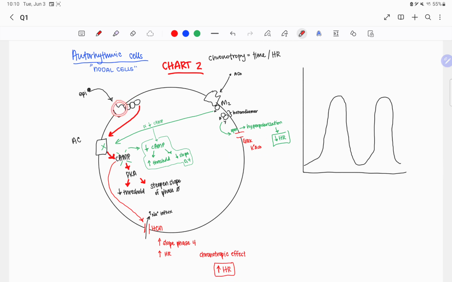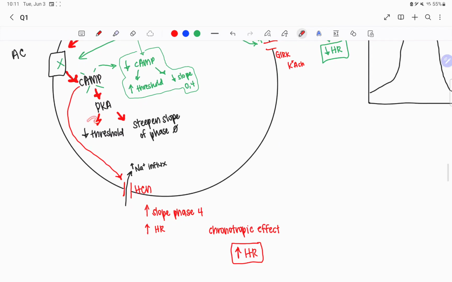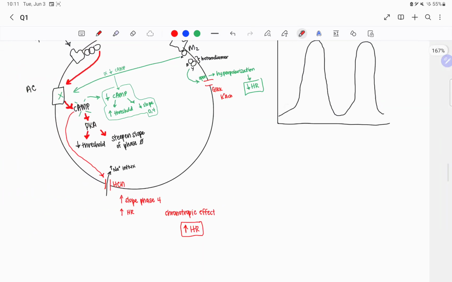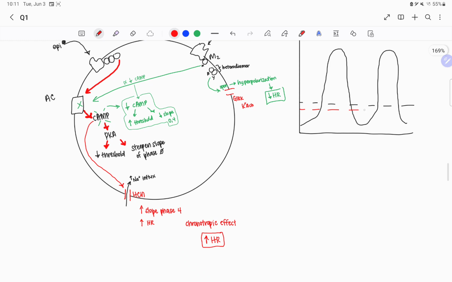So again, GPCR, catecholamine comes and binds. Alpha subunit comes, activates adenylyl cyclase, creates cAMP. cAMP activates PKA, I'm sorry. PKA decreases threshold, right? So if we're looking at this, and our normal threshold is here, we'll say, for kicks and giggles, it decreases threshold.